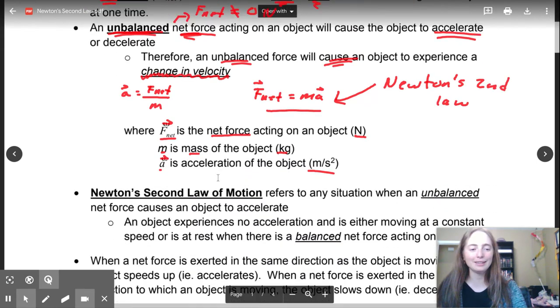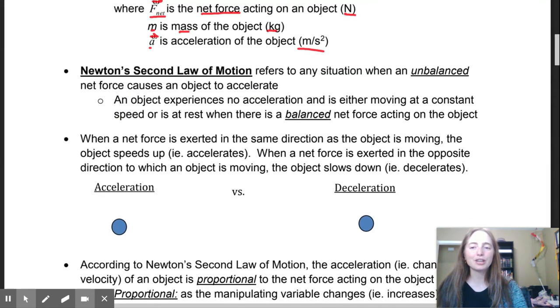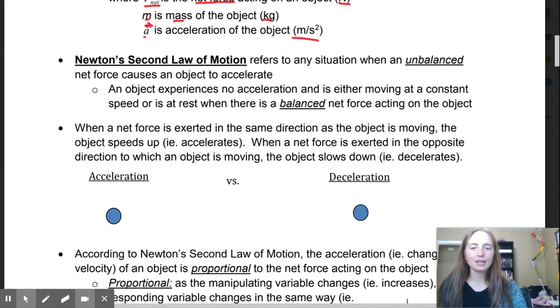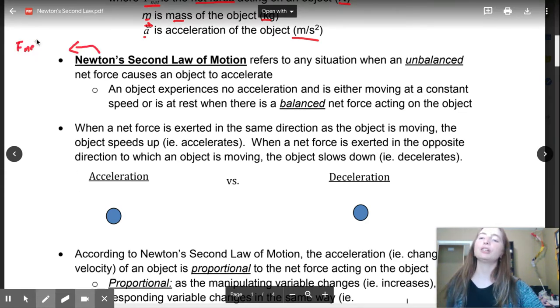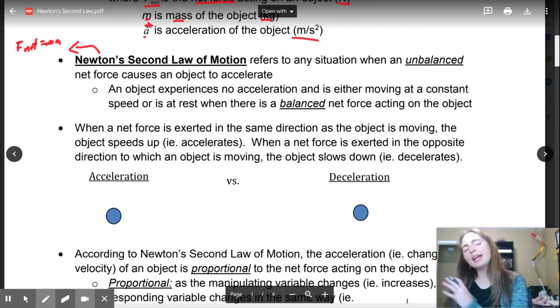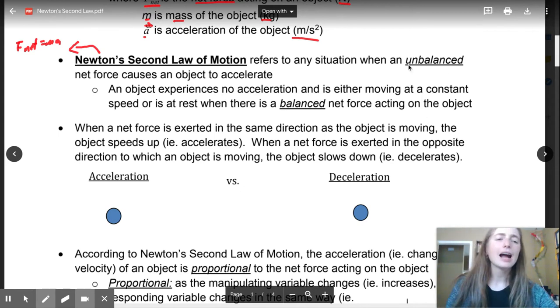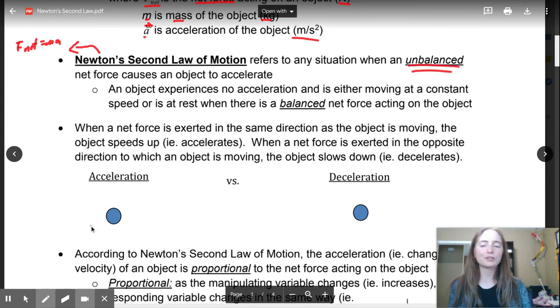So, ladies and gentlemen, Newton's second law of motion. Remember that Newton's second law of motion is F net equals ma. It is going to be referring to any time you have any unbalanced net force that is going to make an object accelerate.